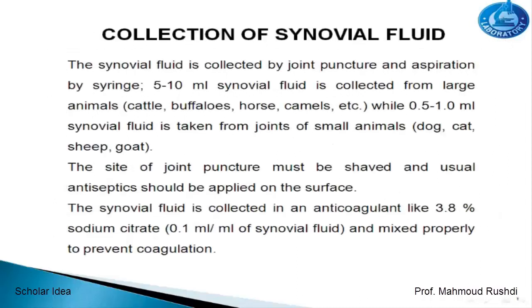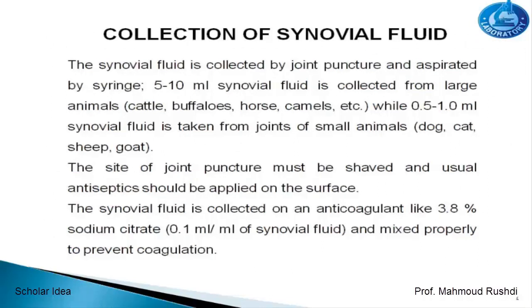Collection of synovial fluid. Synovial fluid is collected by joint puncture and aspirated by syringe. 5 to 10 ml of synovial fluid is collected from large animals, while 0.5 to 1 ml is collected from joints of small animals.